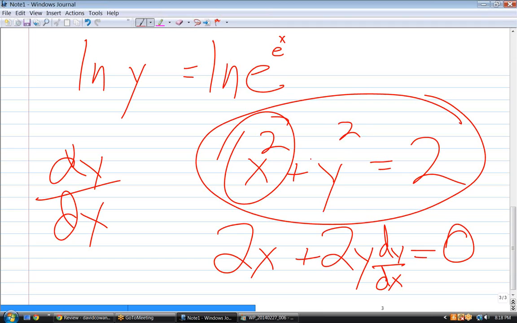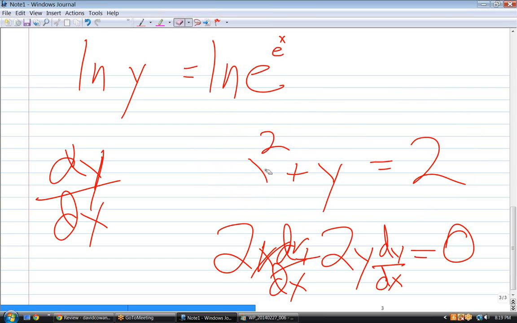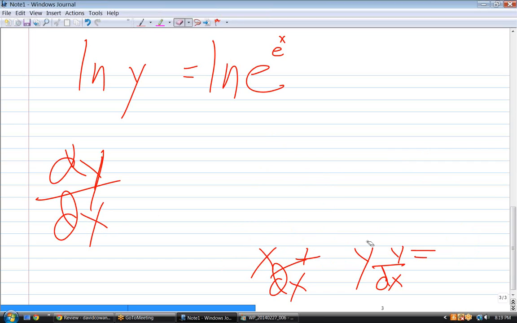In other words, if this was r squared plus y squared equals 2, and I want dy/dx, well, it's 2r dr/dx plus 2y dy/dx. So the basic rule of implicit differentiation is if you come across a variable different than the denominator, you have to follow it with a d of that variable over dx. All right?